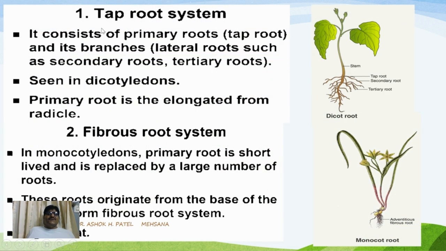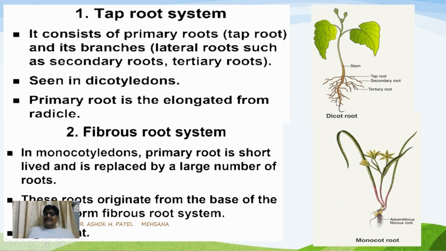What is the taproot system? The taproot system consists of the primary root, meaning the taproot, and its branches, called lateral roots, such as secondary roots. These are seen in dicotyledons, and the primary root elongates from the radicle.